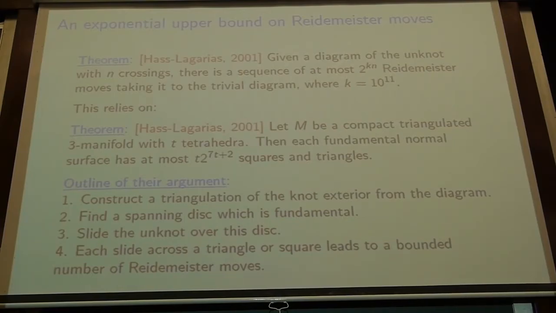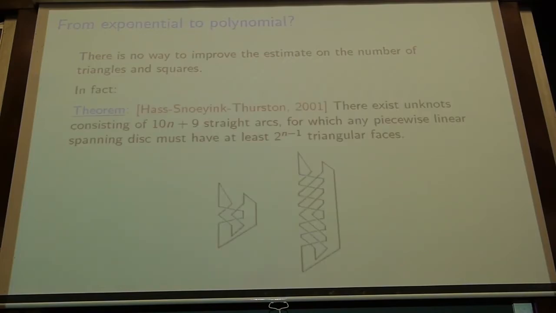Okay, so you might ask yourself, can we improve this? Can we somehow get down to a polynomial number of triangles and squares, and hence a polynomial upper bound on the number of Reidemeister moves? And the answer is definitely no. There is no way to improve the estimate on the number of triangles and squares.